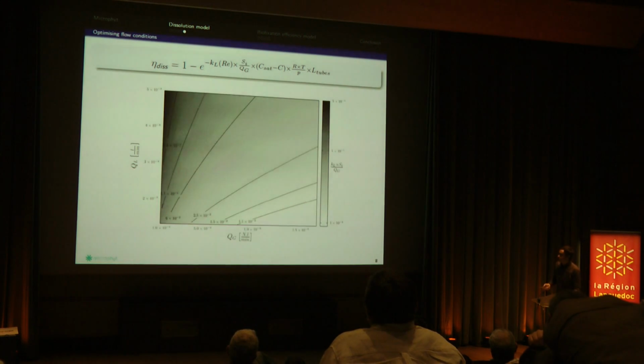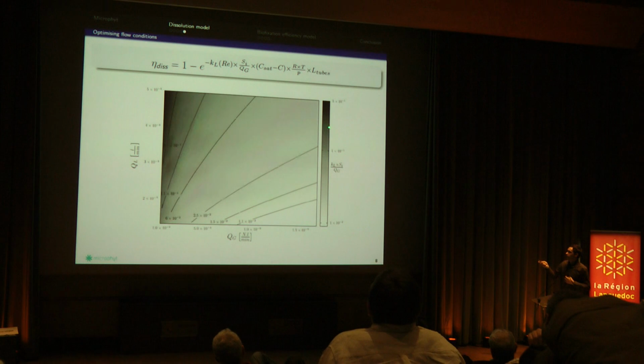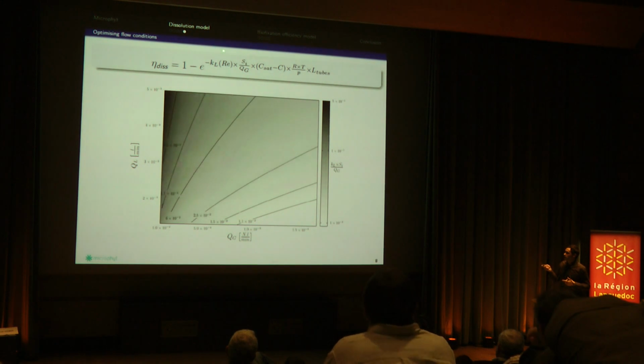Okay. And the other results we can get from this formula come from looking at how we can tune the flow rates in order to optimize the dissolution efficiency. Those parameters here are the only ones depending on the gas and liquid flow rates.